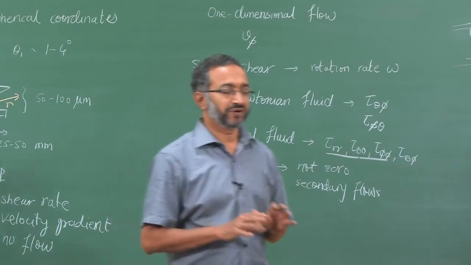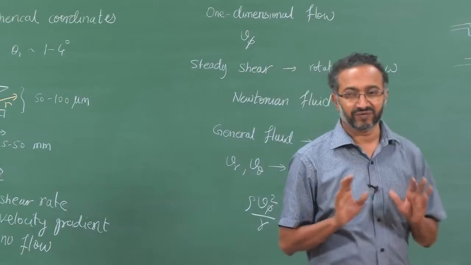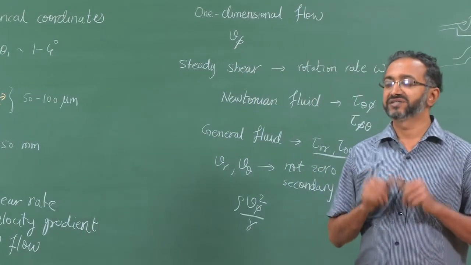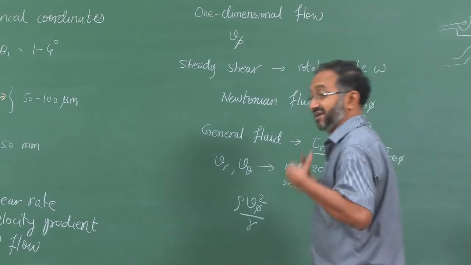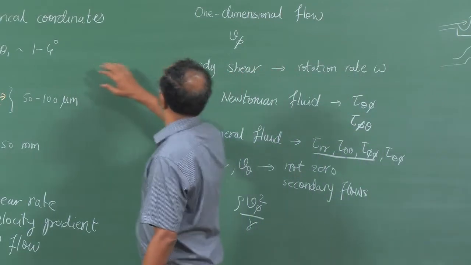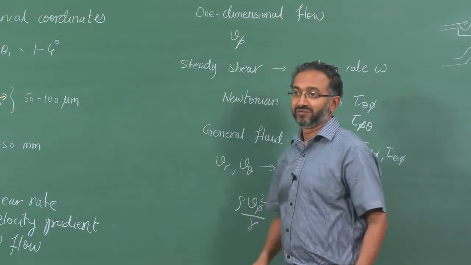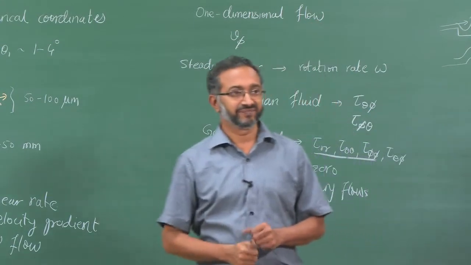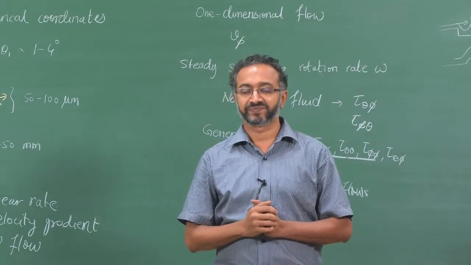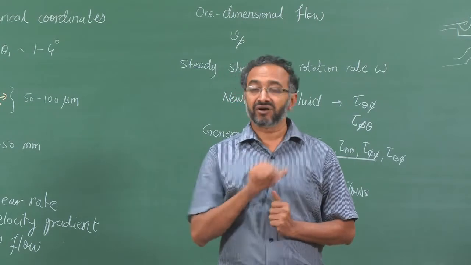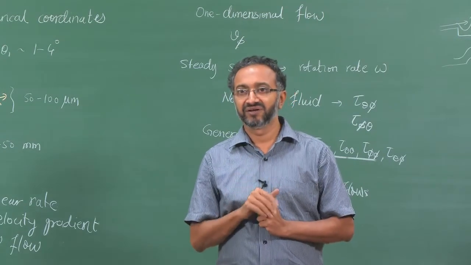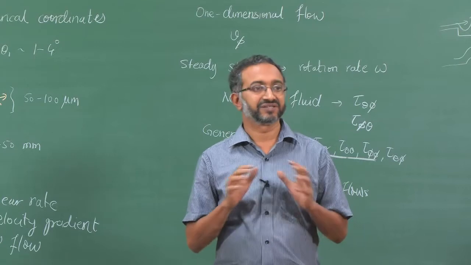From a material point of view, the viscosity is one value, but in our assumptions and design we are saying that we will only look at one dimensional flow, while the actual condition is that there are secondary flows. So, will the torque required be more or less? That is the question.